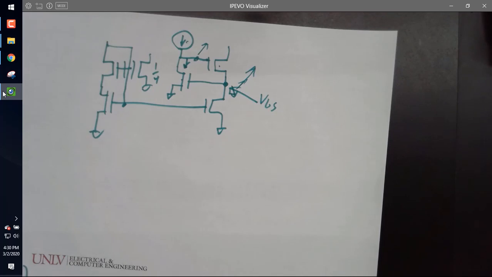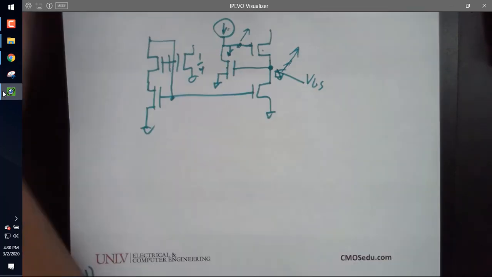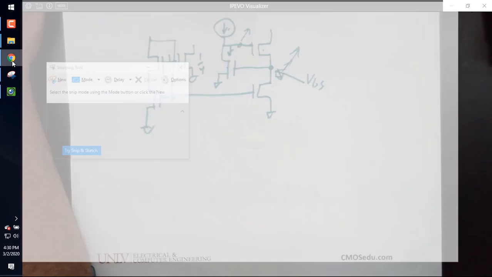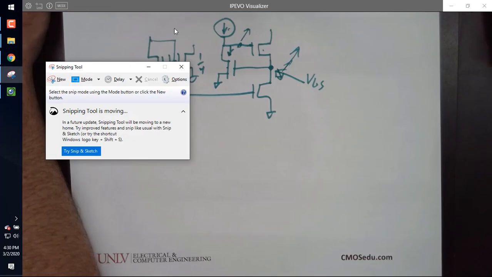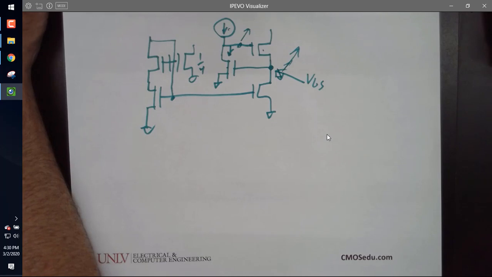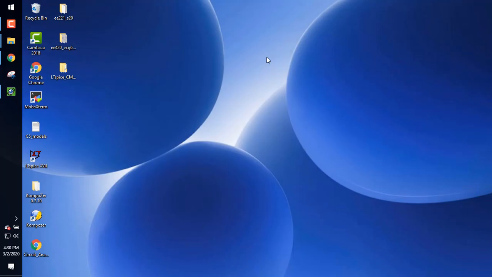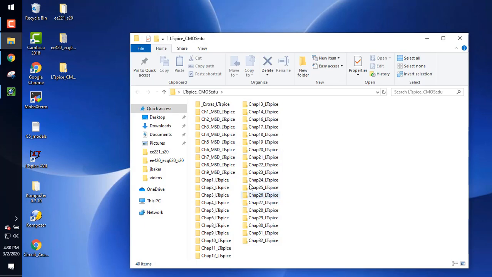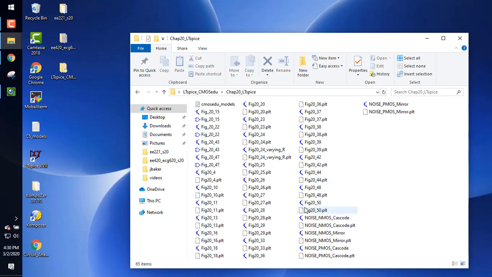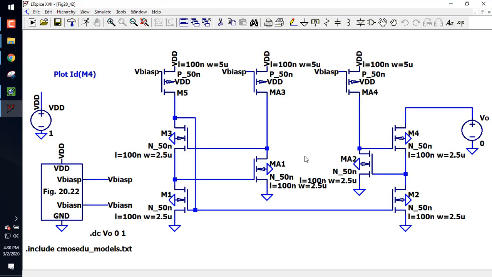So let's take a look at this. The drawback of this simple implementation is that you don't have a VDS sat across that middle or the bottom transistor, you have a VGS. And so if I go back now, whoops, wrong one. And I pull up figure 2042. I see, here's my, and this is to try to regulate the drain voltage so that it matches.